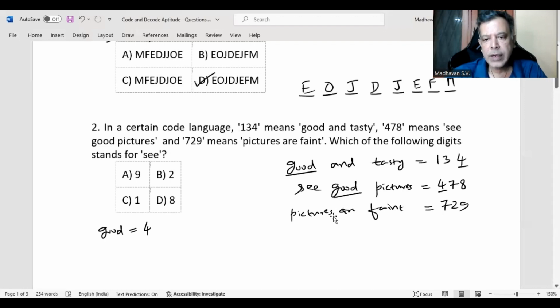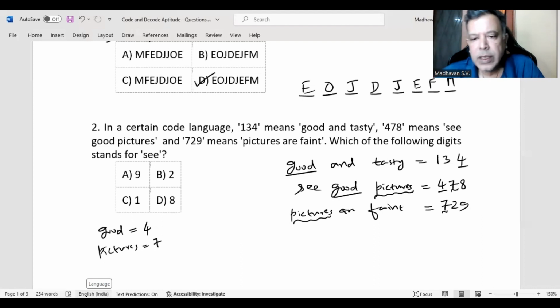Then in the second and third, we can notice that pictures is a common word and the common number is 7. So we can equate pictures to 7.